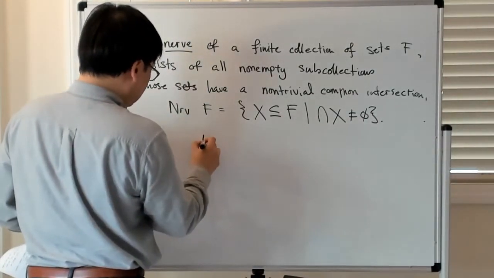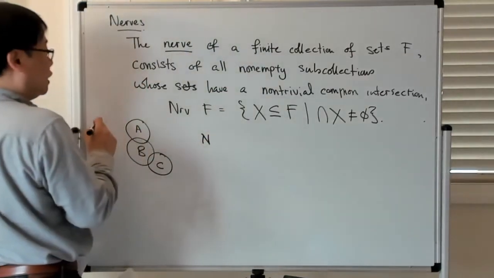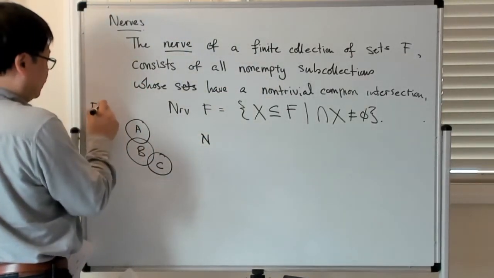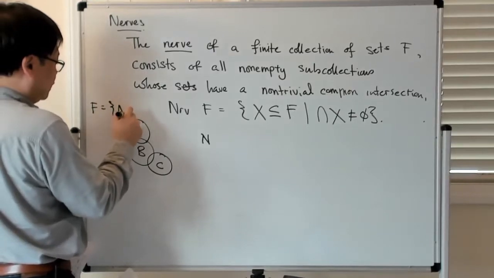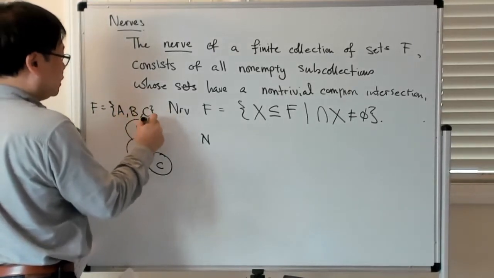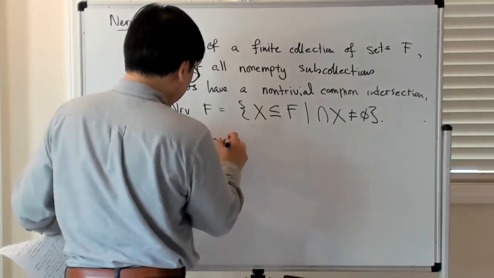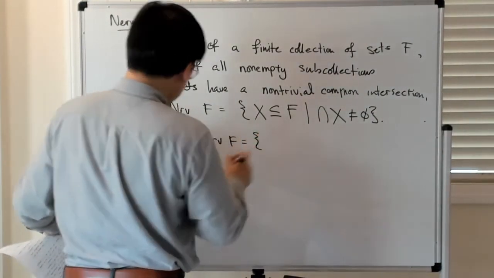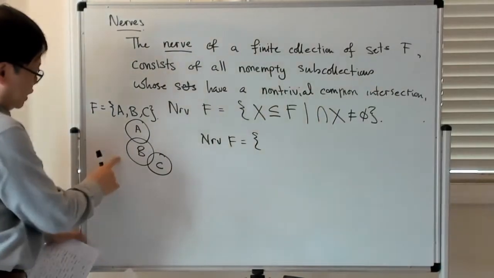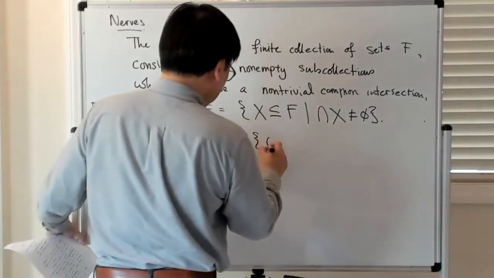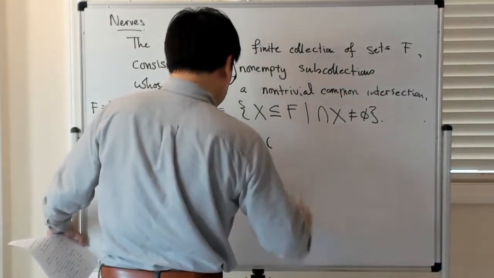So the nerve: if F is this collection of sets A, B, and C, then the nerve of F is the following. A and B have a non-trivial intersection, so it's included in this. It's a set of sets.